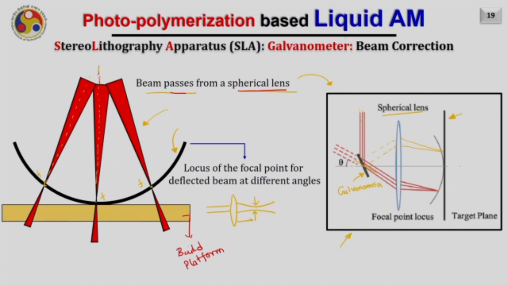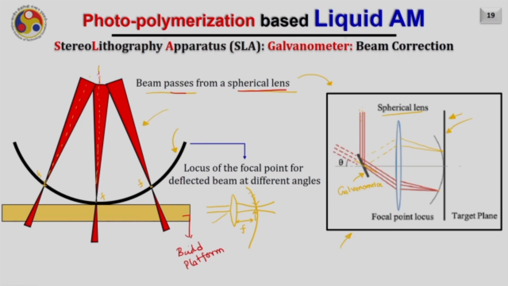The distance from here to here is called the focal length. Now what we want is to keep this minimum diameter at a particular location on our build platform, while, like I already mentioned, its position will follow a circular path, meaning the focal point will always be on a circular trajectory.